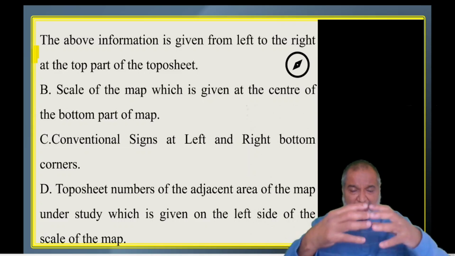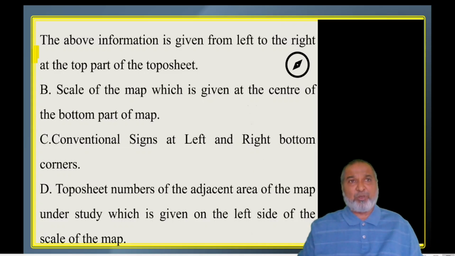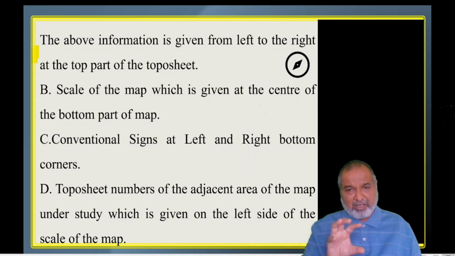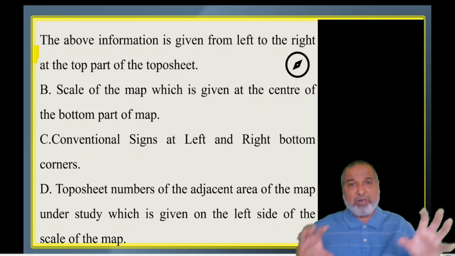Exactly below the scale of the map, we have been given a square again, and in the middle of that square there are five squares. The center square is your map, where the Toposheet number is, and the adjoining north, south, east, west, northeast, and southwest maps have their numbers given.